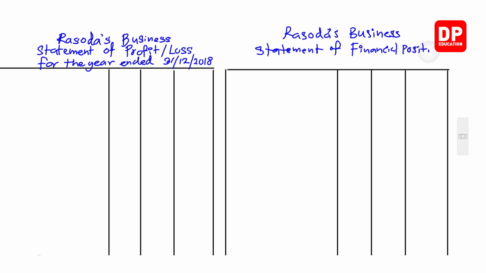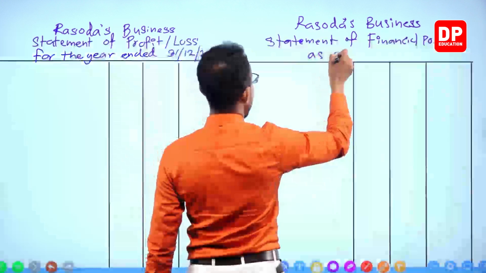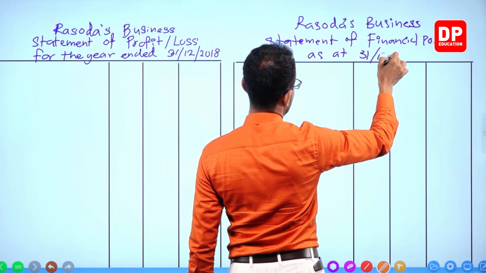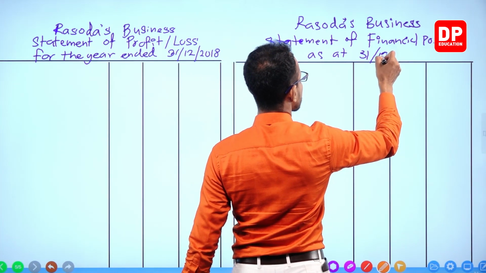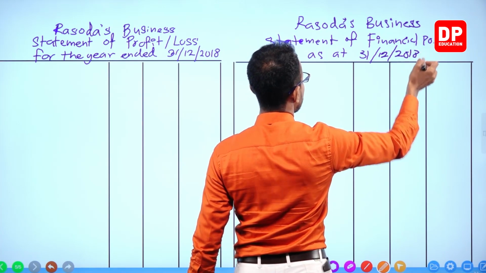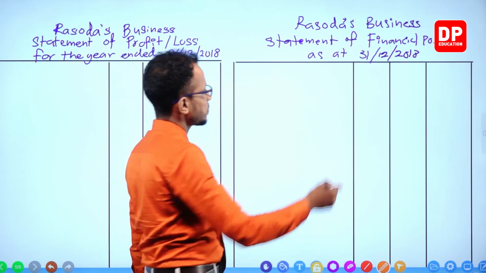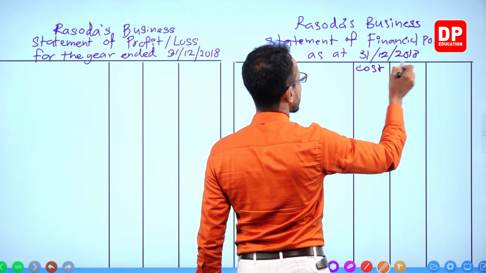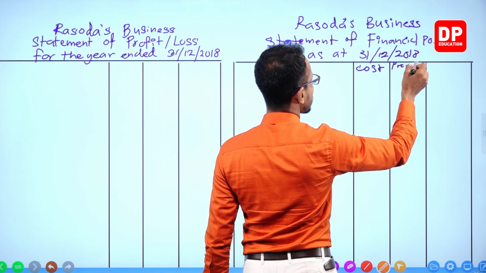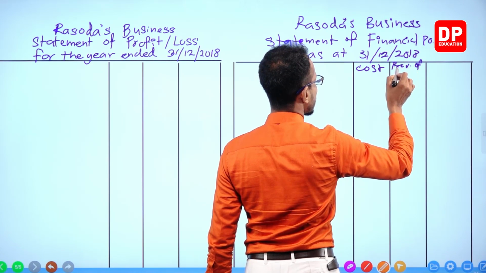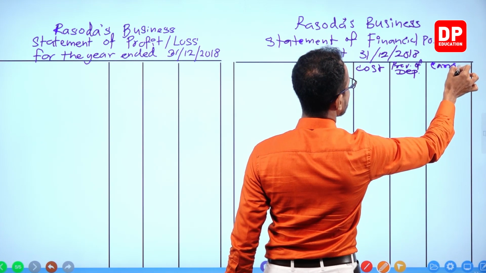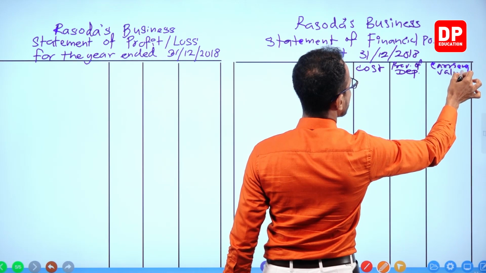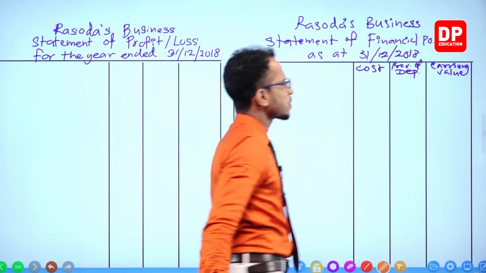As at 31st December 2018. Name the columns: cost, provision for depreciation, and carrying value.